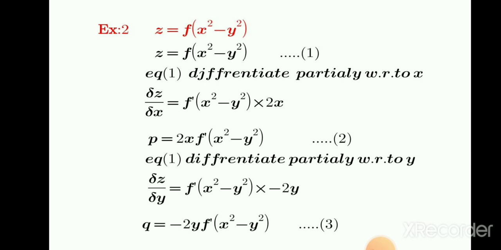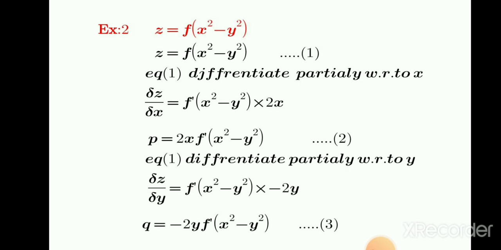Equation 1 differentiate partially with respect to y. Therefore, del z by del y equals f dash of x square minus y square into minus 2y. We differentiate partially with respect to y, therefore x square is constant and the derivative of y square is 2y, and we get minus y square, therefore the derivative is minus 2y.